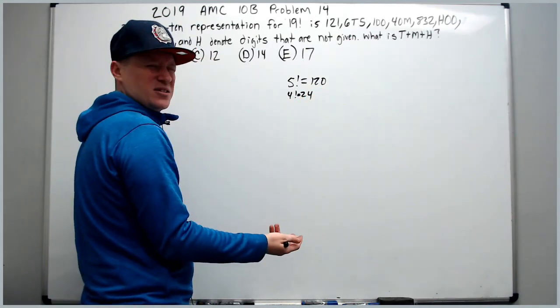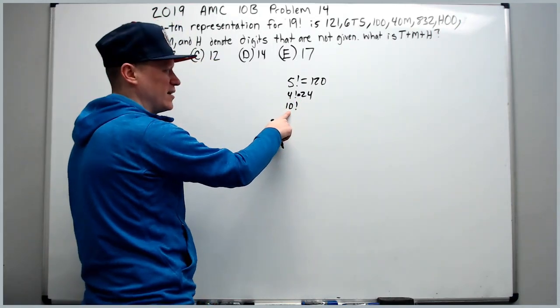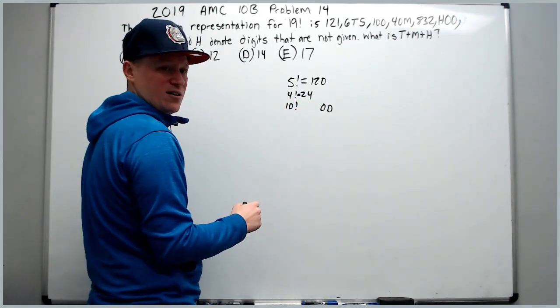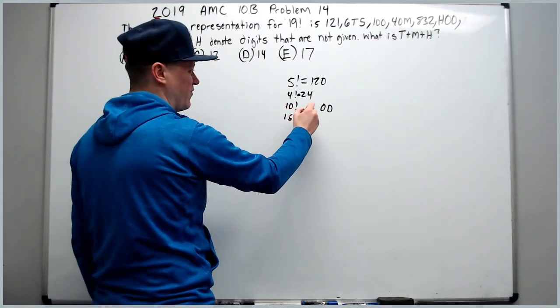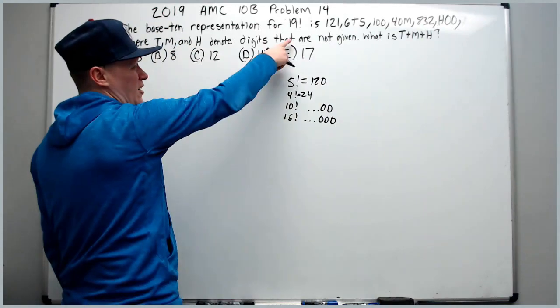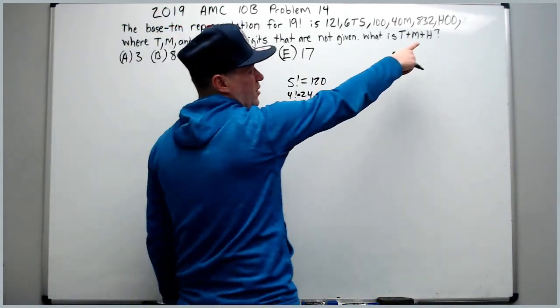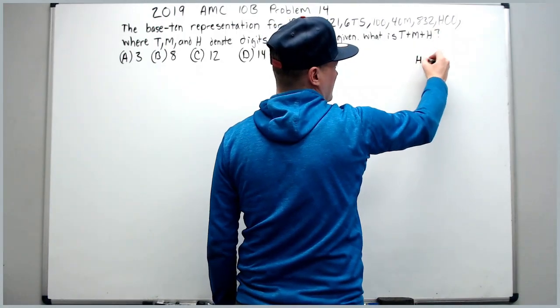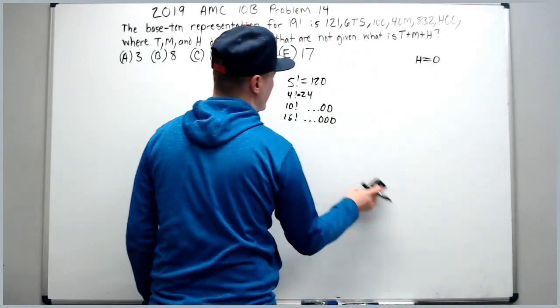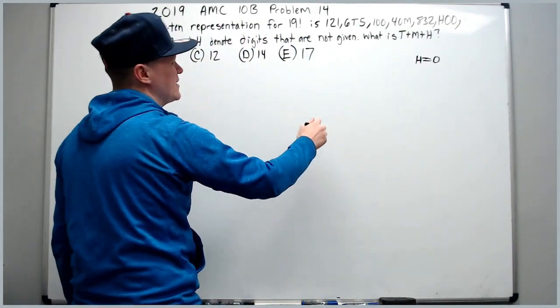Then it stands to reason that every time you go up to another 5 in your calculation, you're going to gain another 0. And so at 15 factorial, we're going to end in 3 zeros. Now, 15 factorial is part of 19 factorial, and therefore, h must be 0. Okay, so now we just need to find what t plus m is, and we continue with our reasoning.